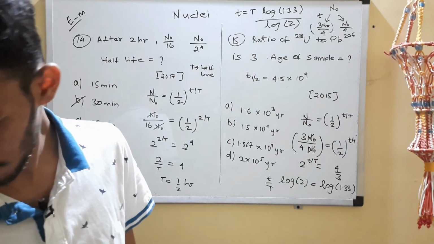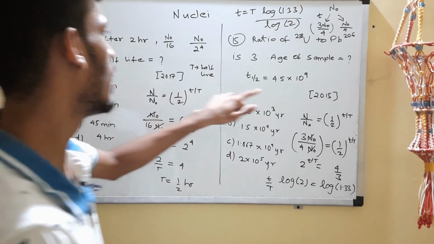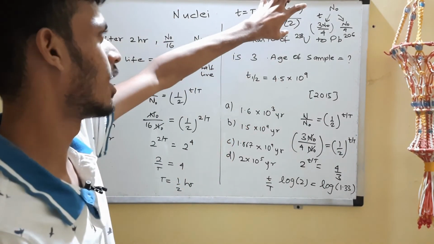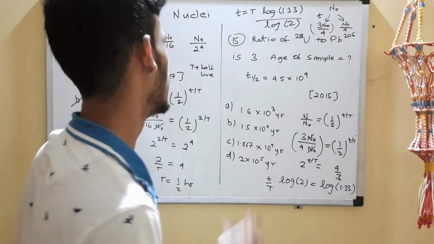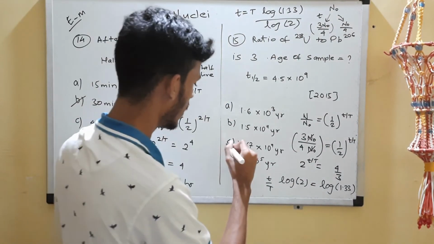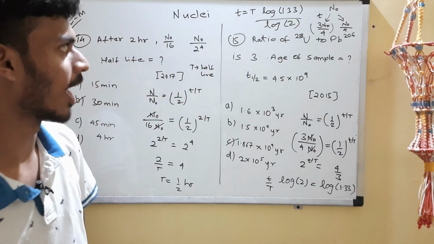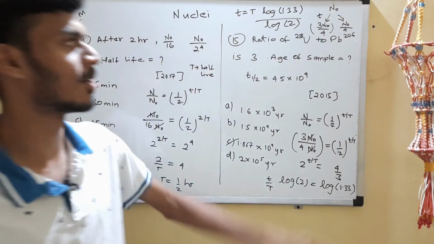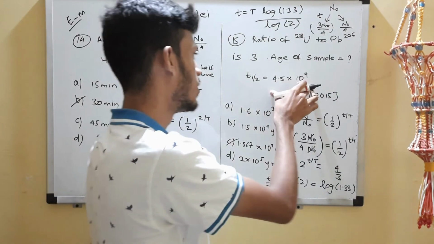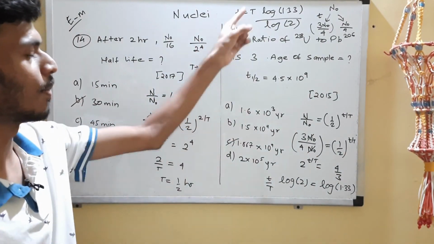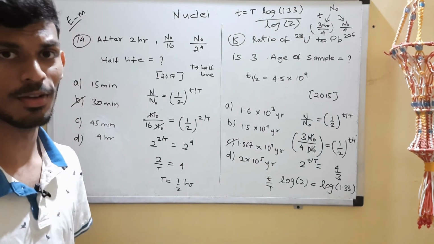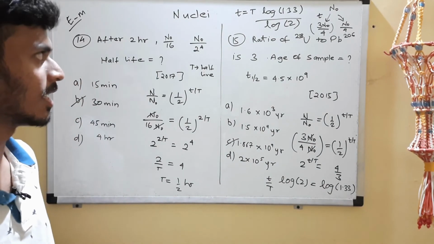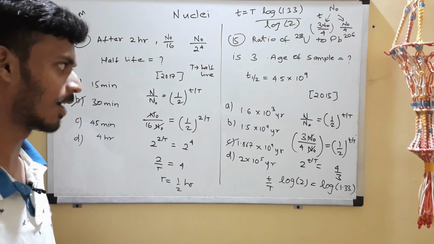Let me check that. Yes, 4.5 into 10 to the power 9, and this will be around 1 only, something close to 1 or 0 point something. So the answer will be in 10 to the power 9. You were given these values, you are supposed to substitute them and get your answer. Capital T stands for half-life. I hope that was understandable. It was easy enough to get around this question.